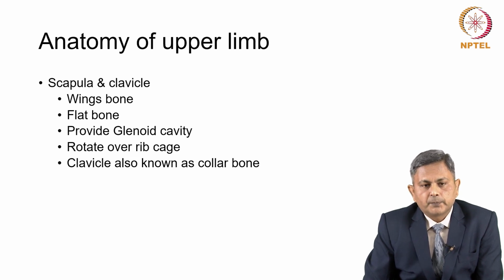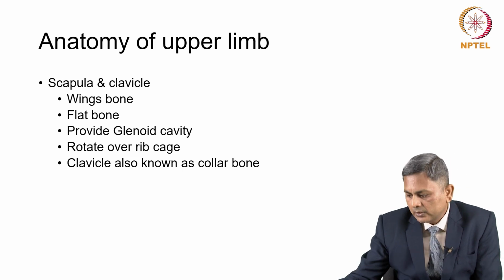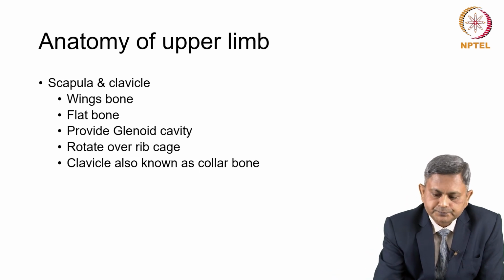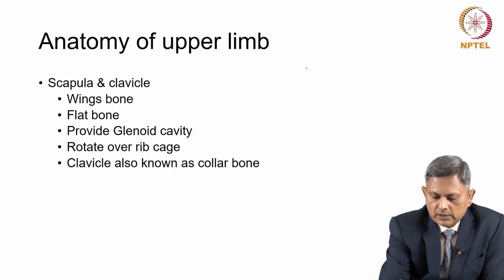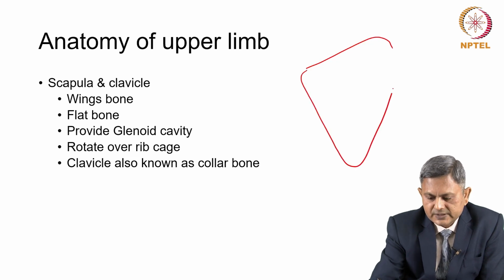Clavicle transmits the weight of our upper limb to the trunk and the scapula provides the complete movement of our shoulder girdle. Scapula is a flat bone which rotates over our thoracic cavity. I will just draw the sketch of scapula.